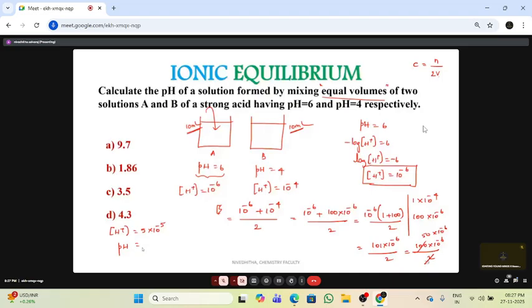Easy. Minus log of 5 into 10 power minus 5.